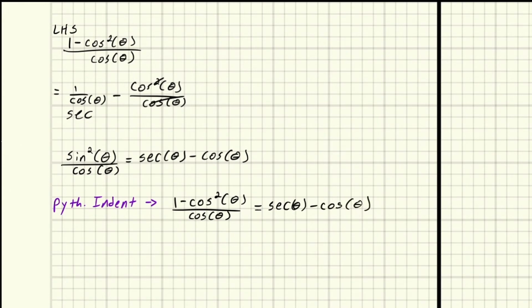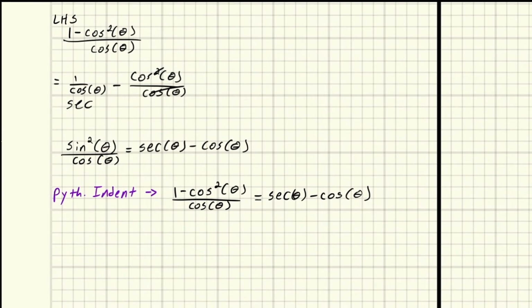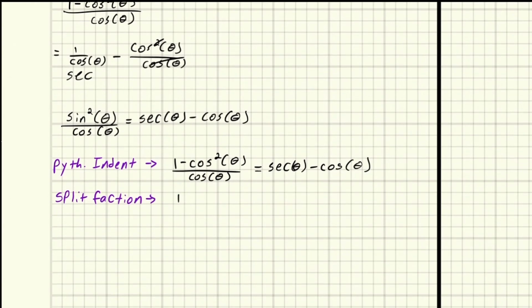Then we say that we split the fraction up. There's probably a fancier way of saying this, but this is the way I can think of saying it. 1 under cosine theta minus cosine squared theta over cosine theta equals secant theta.